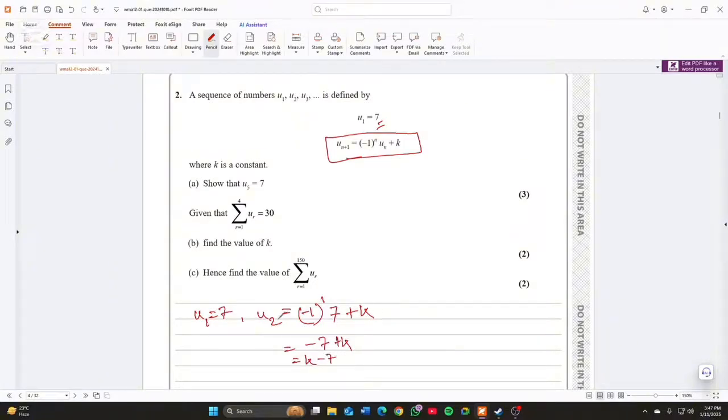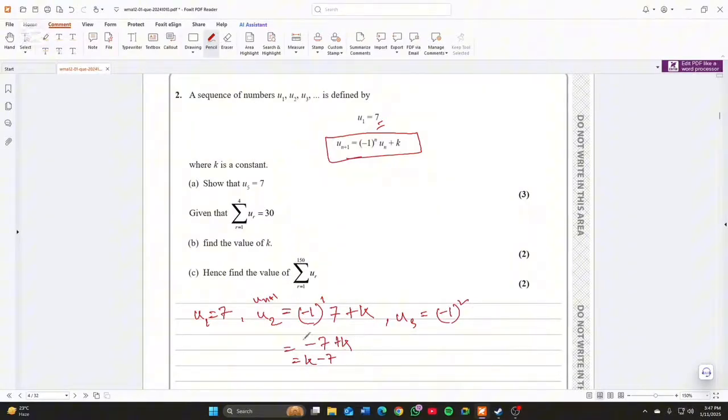You understand? Since this is u2, if we consider it as u n plus 1, then n would be 1, and the value of u1 was 7, which is why we input 7 in place of un.